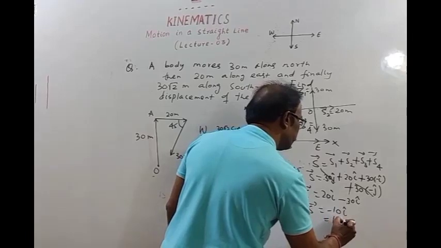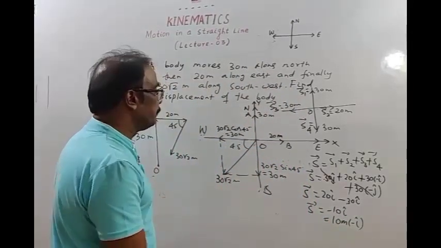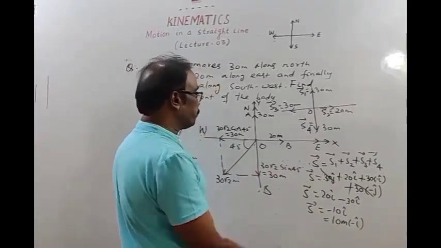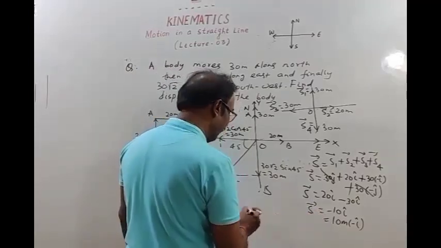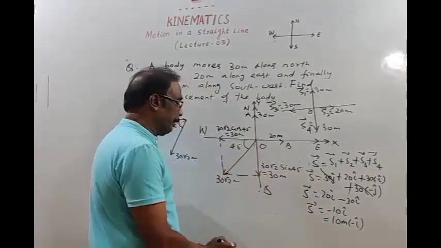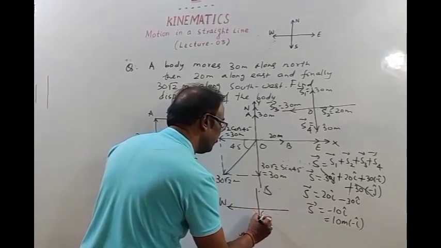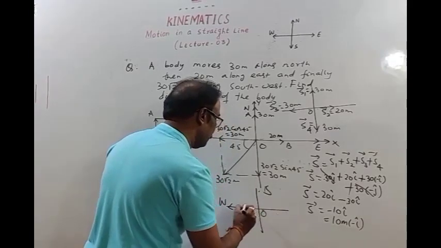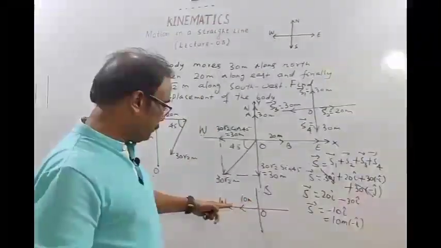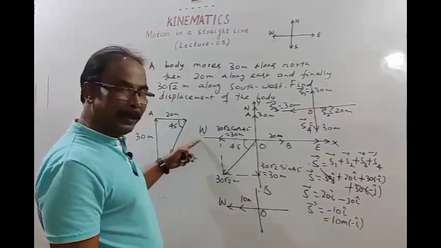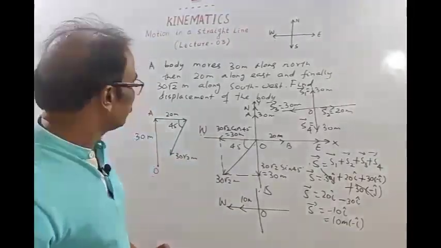The resulting displacement is 10 meter, direction is minus i cap, means towards west. We may represent it here: this is west, this is origin, this is 10 meter along west. So the displacement is 10 meter towards west.